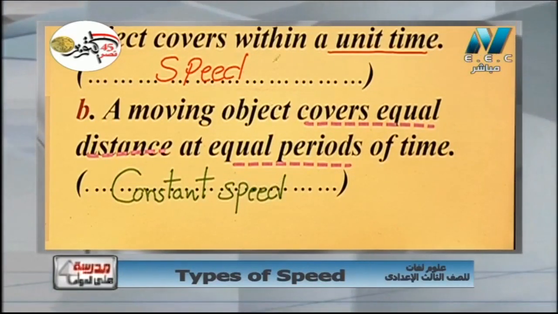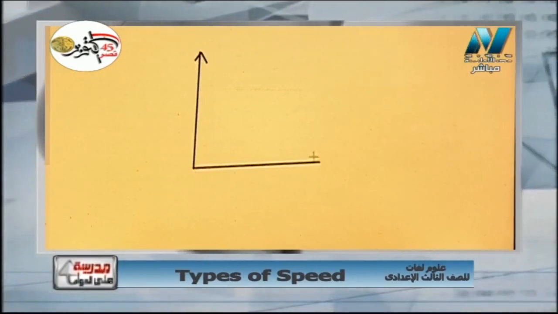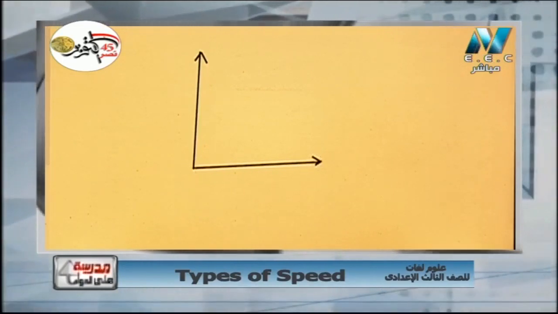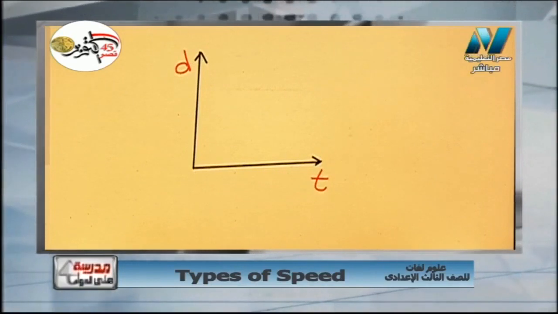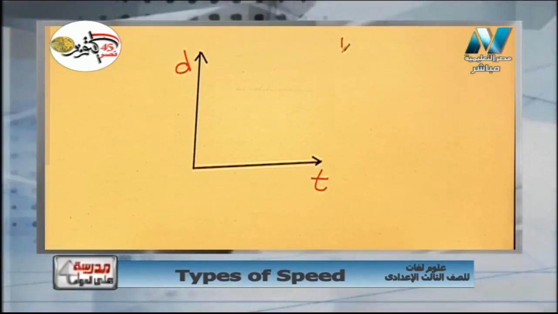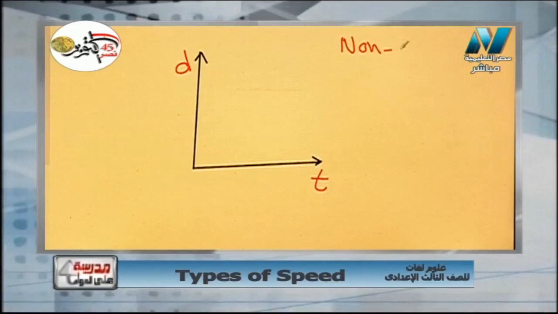By the way, if we have to represent non-uniform speed using a graph, for any graph of speed we have two axes: the axis of distance and the axis of time. In this case, we have non-uniform speed.